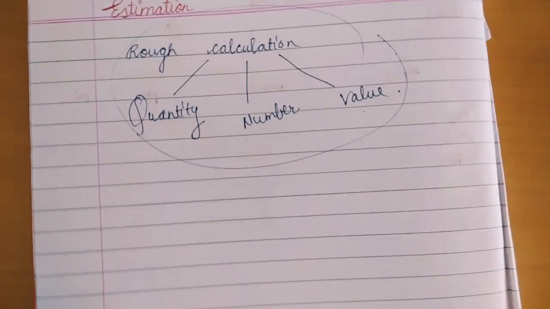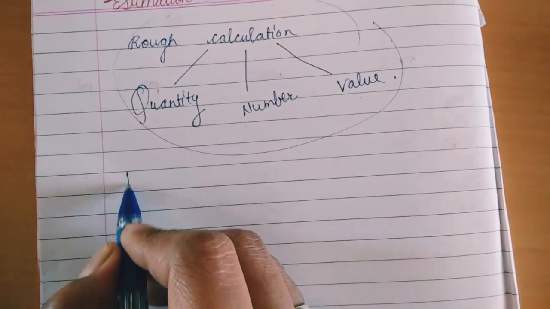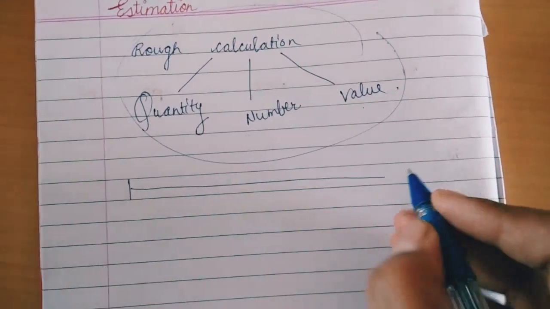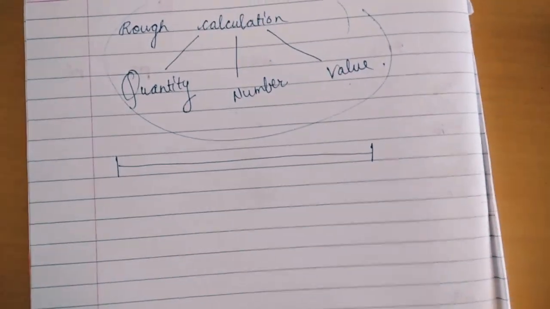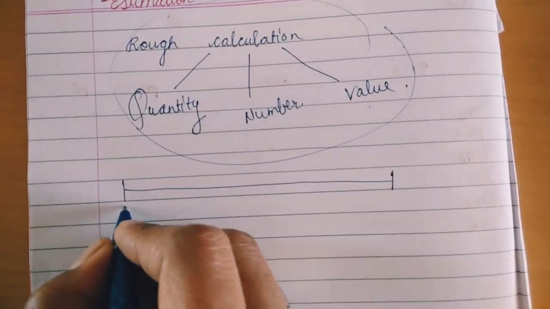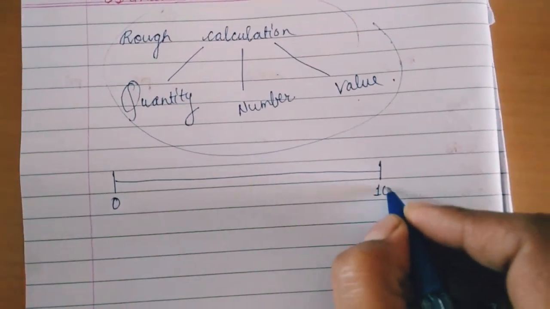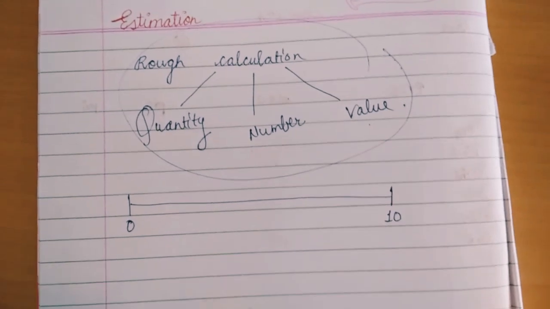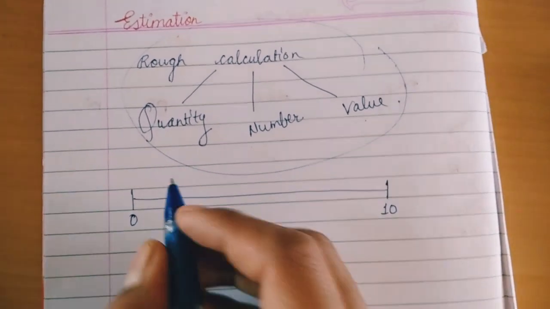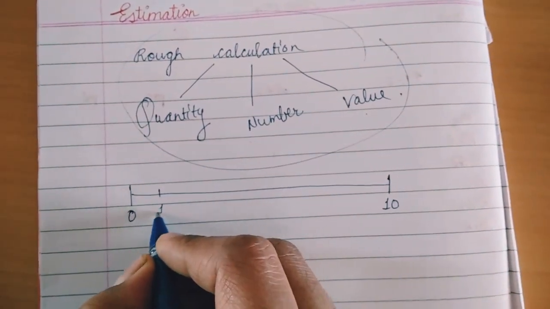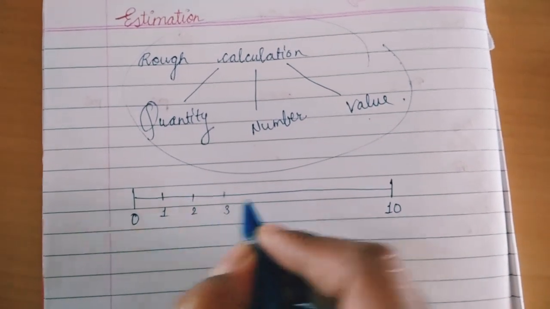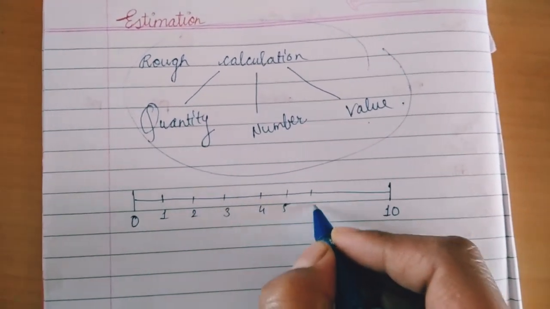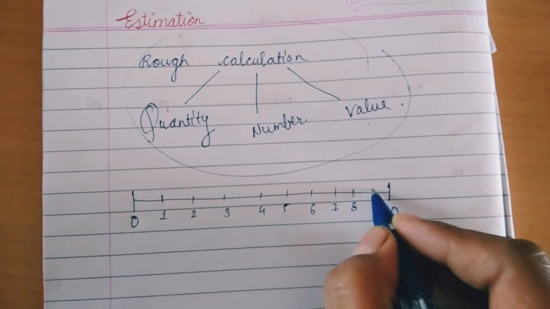Okay, for example, on the number line, if we have 0 and 10, and in between 0 and 10 we have the numbers 1, 2, 3, 4, 5, 6, 7, 8, 9.